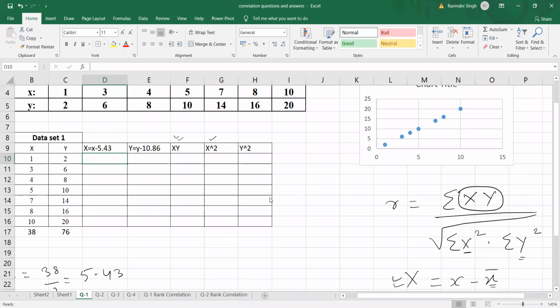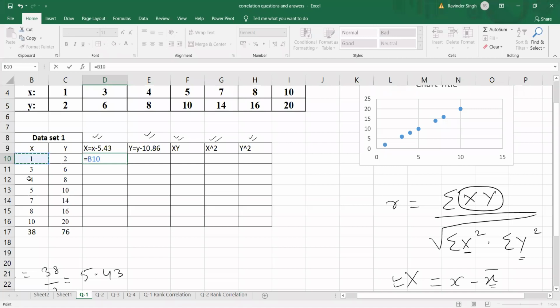To get these, I have to do two calculations, because capital X is nothing but X minus X bar, and X bar we have calculated here. So now let us calculate this. You can do it one by one through a calculator, but to show the calculation I'm doing it in an Excel sheet. So X minus 5.43.